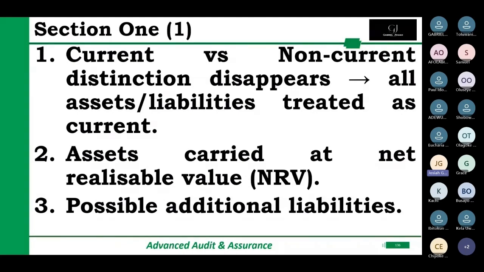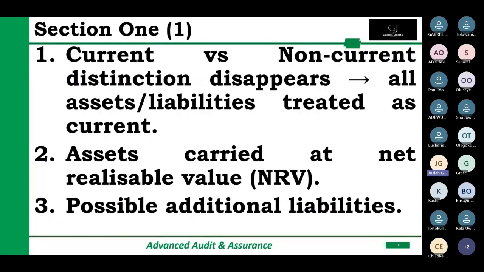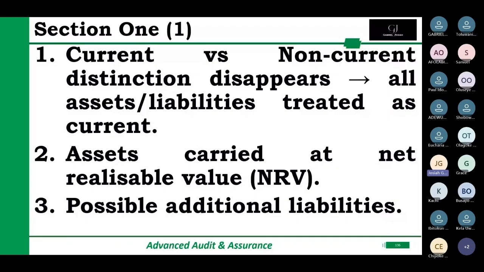And assets carried at net realizable value shows that the company is not a going concern. Also, any possible additional liabilities around their disclosure, and the auditors finding this, shows that a company may not be operating as a going concern.